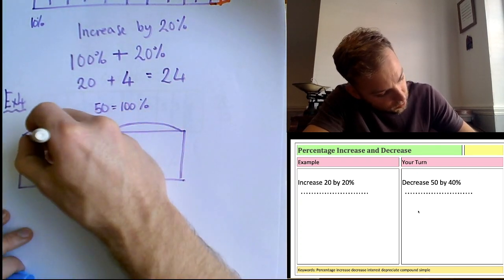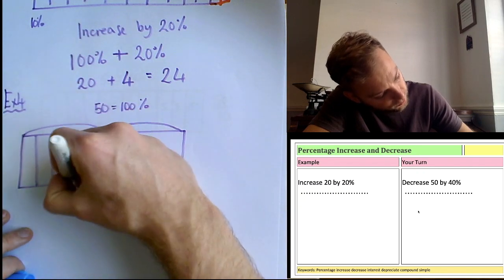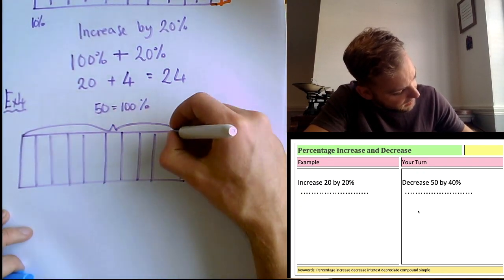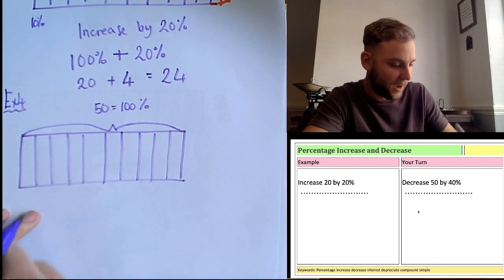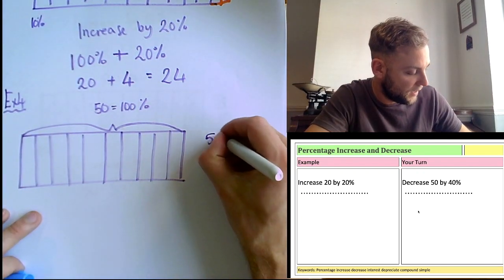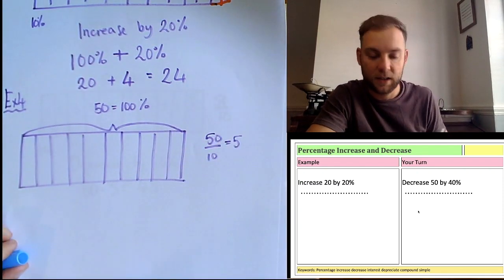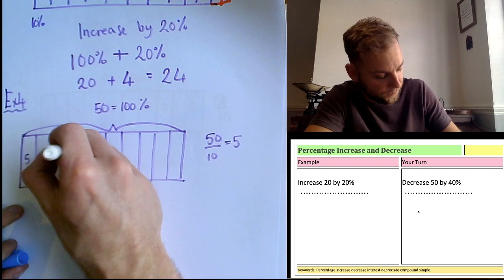Split this up into 10 parts. Find out what each of these sections are worth. So 50 divided by the 10 parts is equal to 5. So each of these are worth 5.